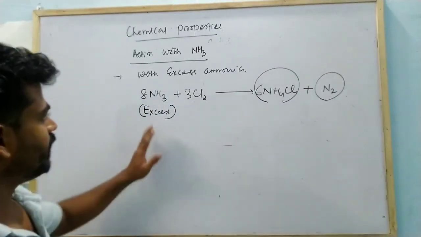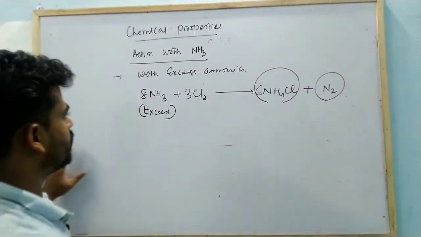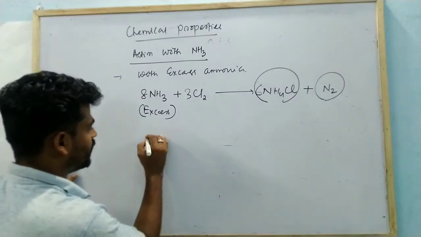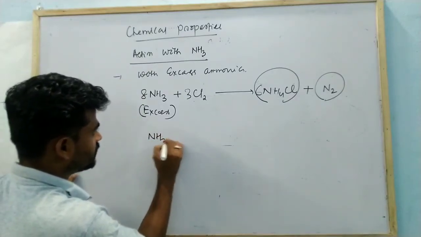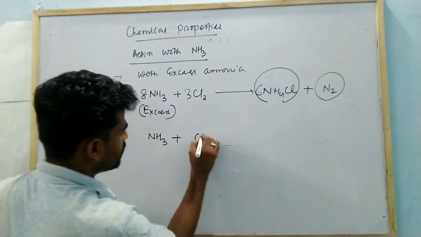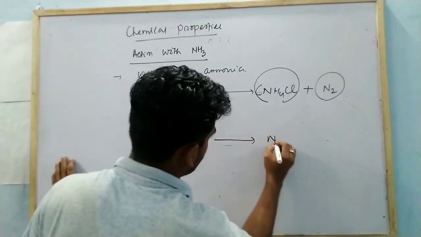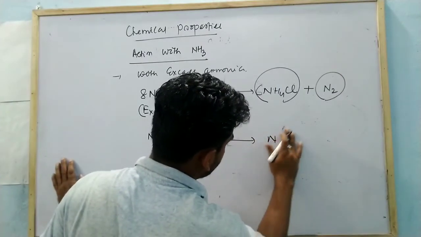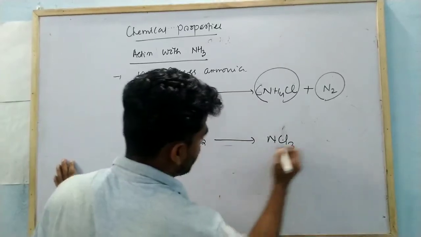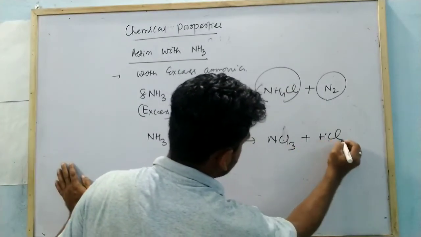When a limited amount of ammonia reacts with excess chlorine, the reaction can be written as NH3 plus Cl2. Here the product is something different, that is nitrogen trichloride plus HCl.